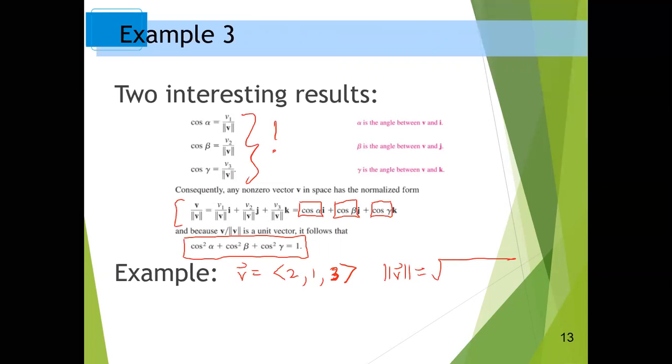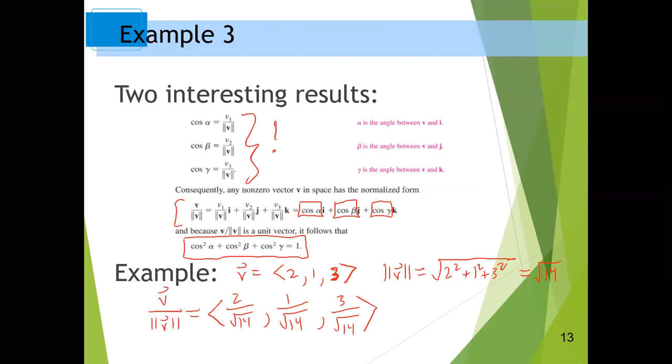Square root of 2 squared plus 1 squared plus 3 squared, which is square root of 14, yeah. So in other words, a unit vector in the direction of V is going to be V over the length of V, which is 2 over the square root of 14, comma, 1 over the square root of 14, comma, 3 over the square root of 14.